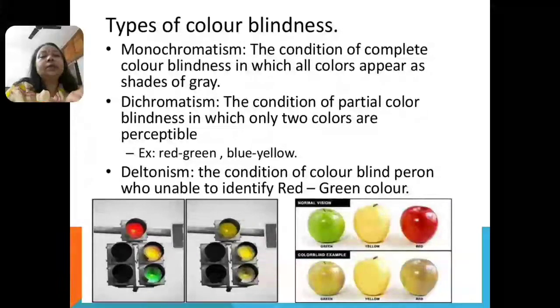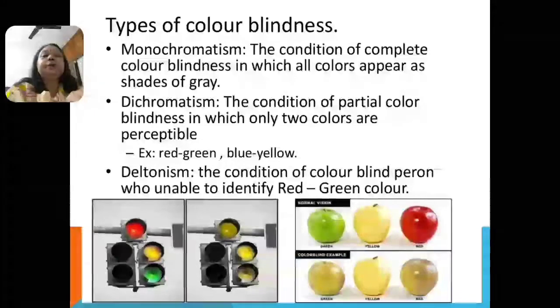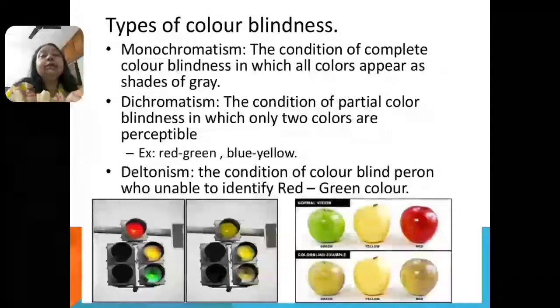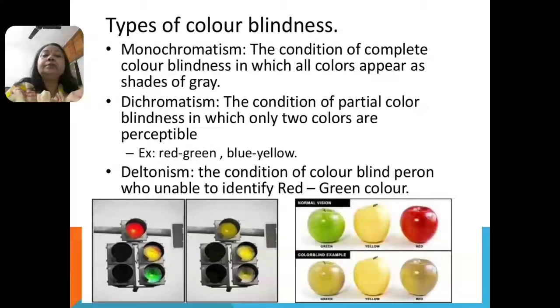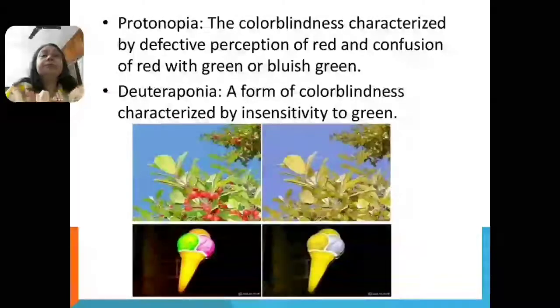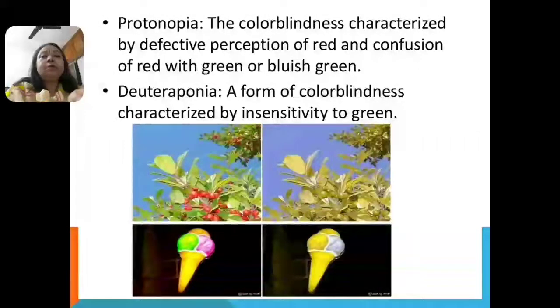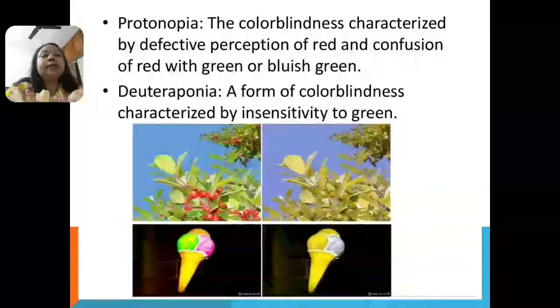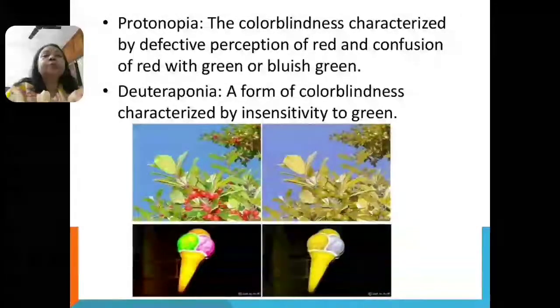The third condition is known as daltonism. In this condition, the color blind person is unable to differentiate between red and green color. Another condition of color blindness is protanopia, characterized by defective perception of red and confusion of red with green or blue.